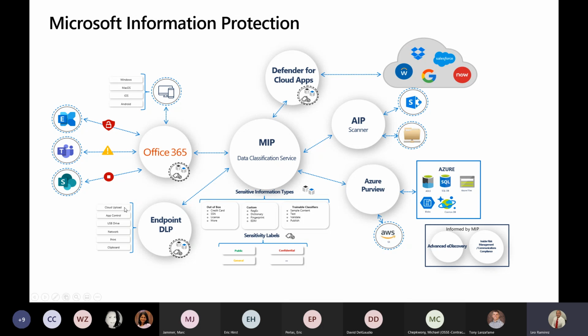Sensitive information types are identifiers built off of patterns, functions, and keywords to identify things like social security numbers, credit card numbers, maybe driver's license. We have over 200 built-in sensitive information types, but customers can also create their own to do things like exact data match or trainable classifiers.